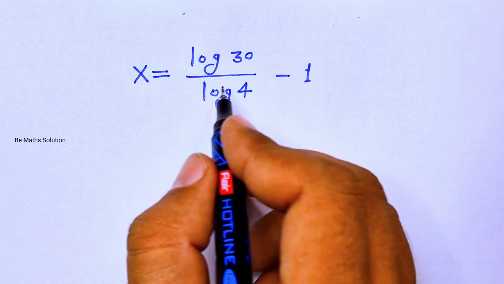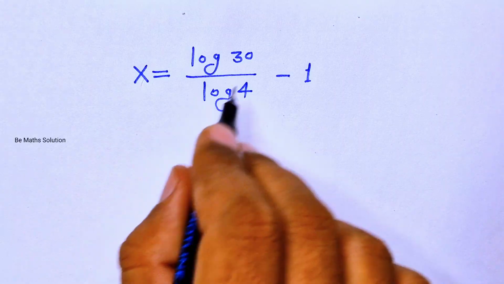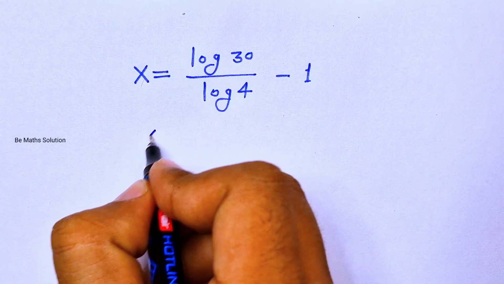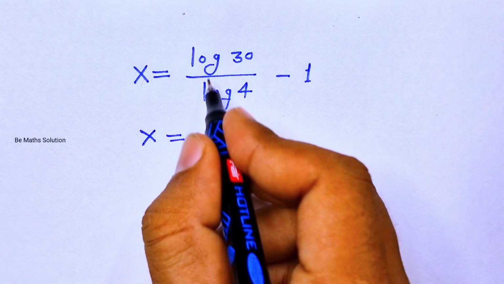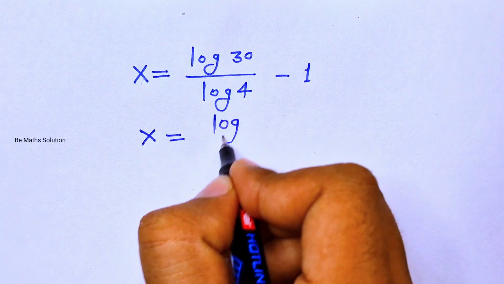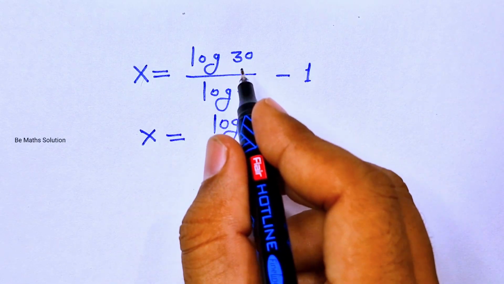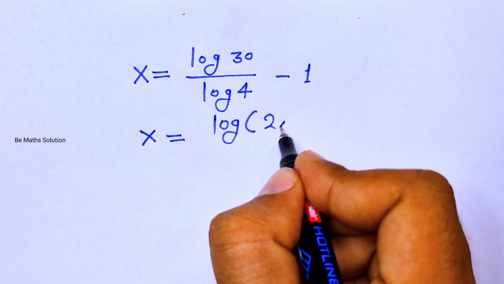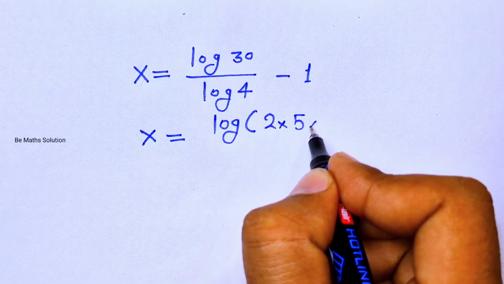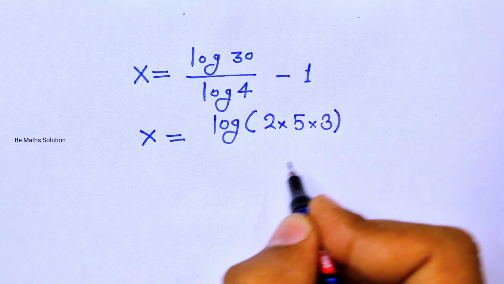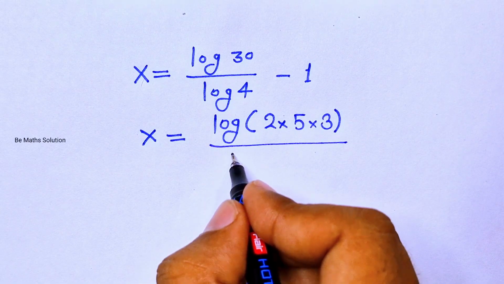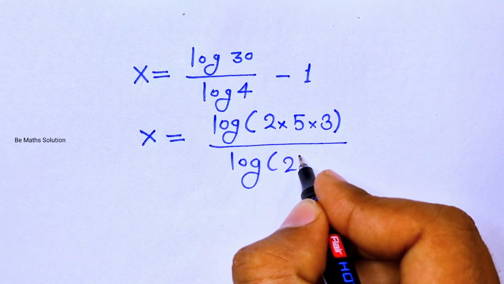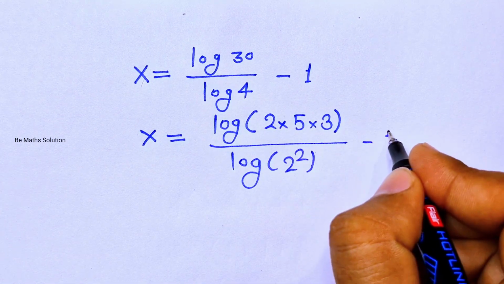Now at this point, if I evaluate this expression, you can say x is equal to log 30, where 30 is the same as 2 times 5 times 3 in brackets, over log 4, which is the same as 2 squared, minus 1.